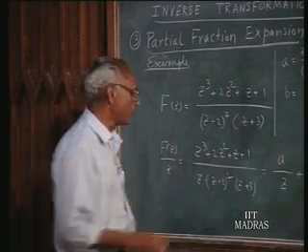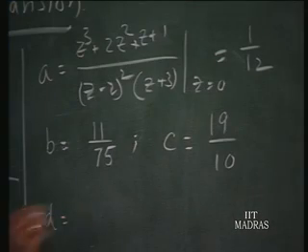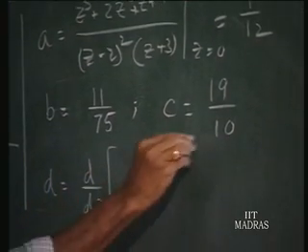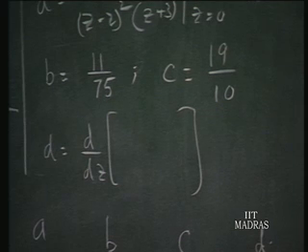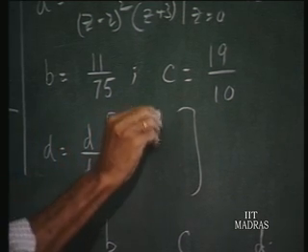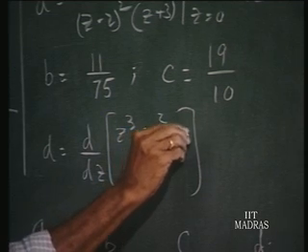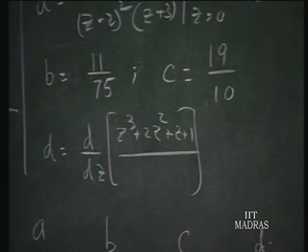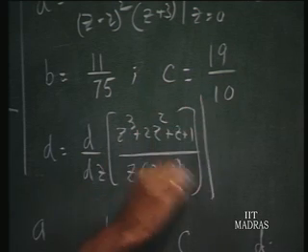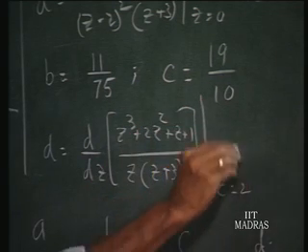Much the same thing we do here. Therefore, D will be d by dz of the function obtained after removing (z minus 2) whole square, that is (z cubed plus 2z squared plus z plus 1) divided by z times (z plus 3), evaluated at z equals 2.